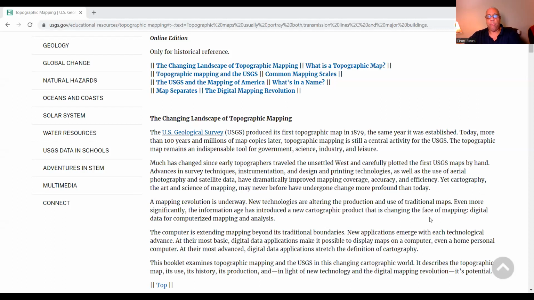The topographical map remains an indispensable tool for government, science, industry, and leisure. Much has changed since early topographers traveled the unsettled West and carefully plotted the first USGS maps by hand.